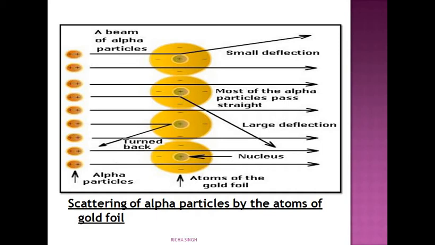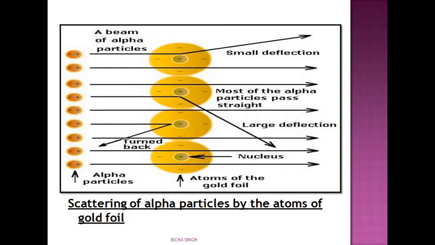What information do we get from this observation? Since most of the alpha particles passed through the foil without any deflection, it shows that atom is not at all solid, but it is extraordinarily hollow and consists of a lot of empty space in it.